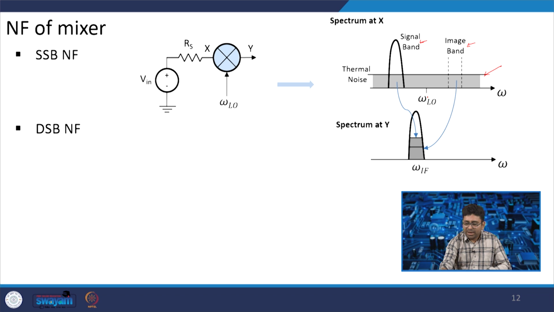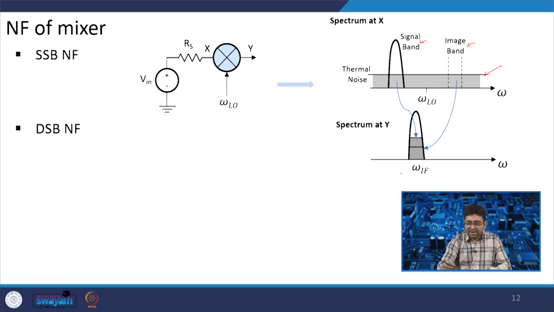If your omega LO is here, and there is an image, the noise there will also be down converted here, and the thermal noise of the signal is also down converted at IF.